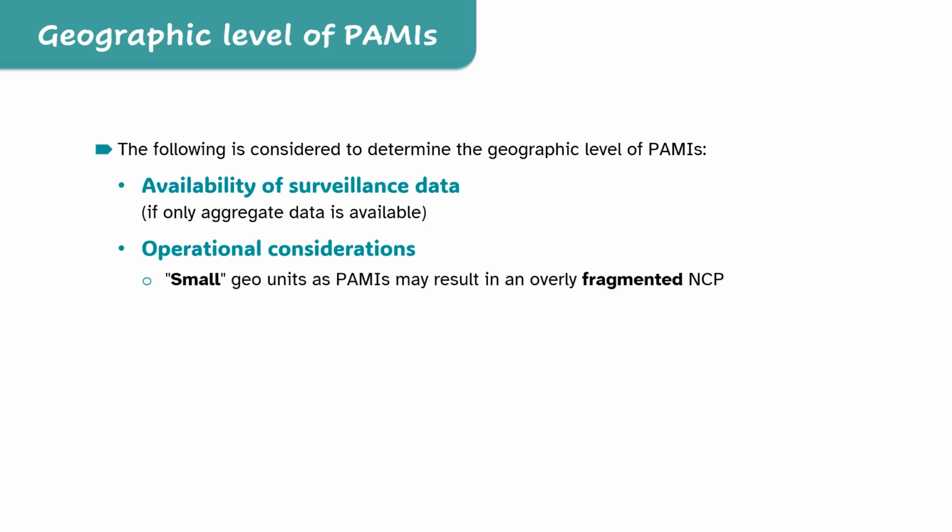If the geographic level of PAMI is small, the NCP may be overly fragmented and coordinating its implementation may be challenging. On the other hand, if the geographic level of PAMI is big, the NCP may be overly demanding on resources to implement multi-sectoral interventions in PAMI.